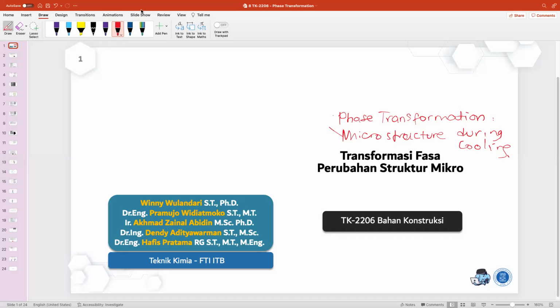Okay, so from yesterday, you remember about eutectoid points. When we have gamma austenite and we cool it down, it becomes alpha ferrite, right?